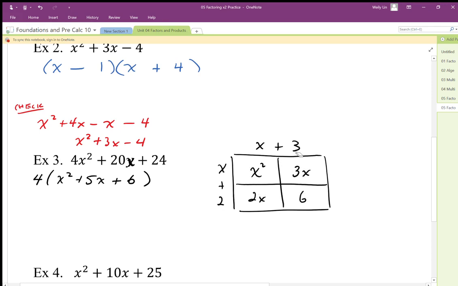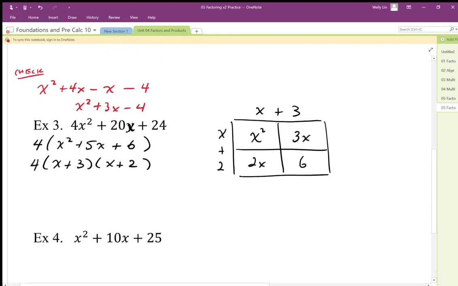Here has a common side length, a common factor of 3. These two terms have a common factor or common side length of x. Okay, so this is going to be my factored form. I end up with x plus 3, x plus 2, and that gives me my factored form. Now we could further break apart the 4, but again, most of us are quite familiar with the factors of 4, so we can just leave it like that.